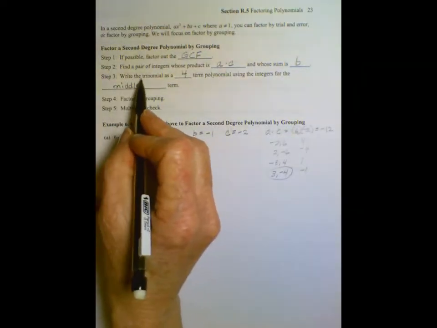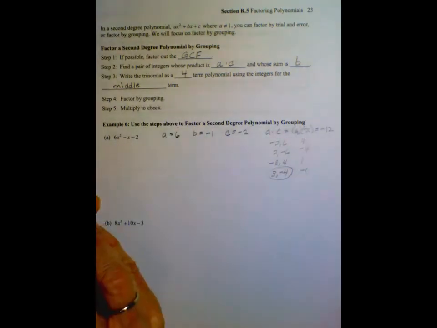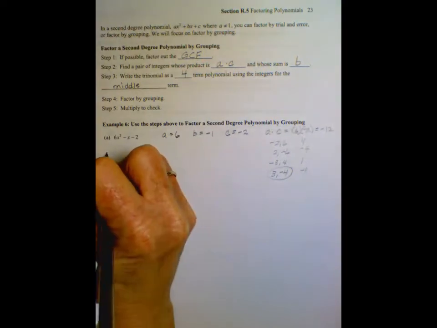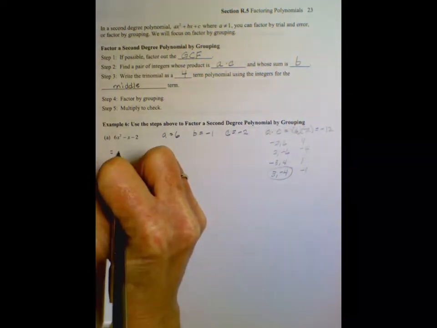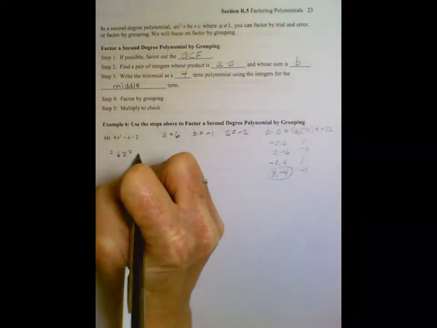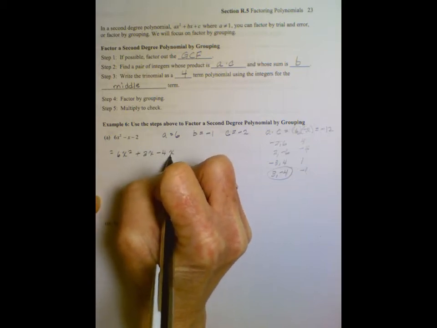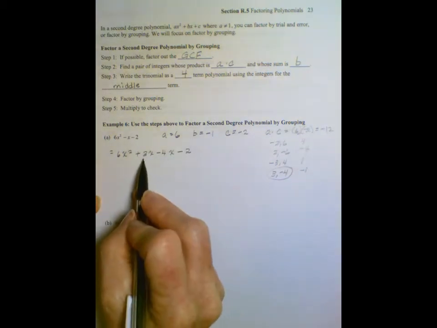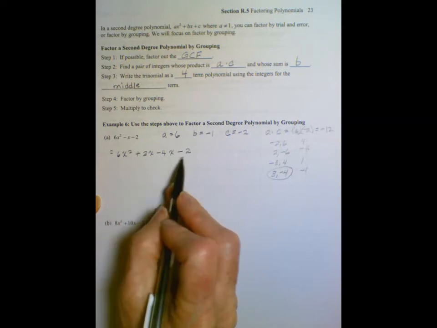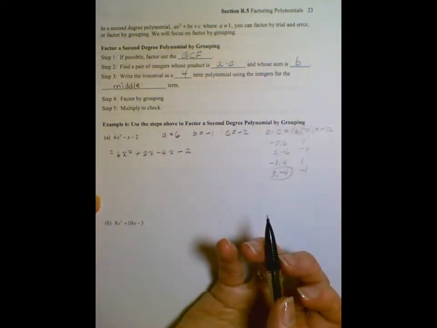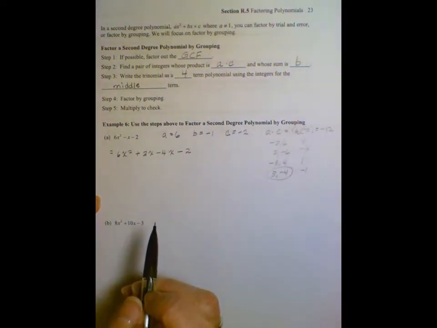So now I'm going to write the trinomial, the 3-term polynomial, as a 4-term polynomial using these integers. So this is going to be now equal to 6x squared plus 3x minus 4x minus 2. There's my -1x. It's still the same thing. It's just not simplified, right? But it's still exactly the same.